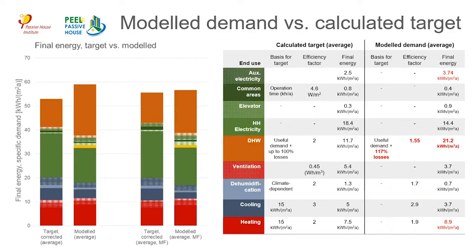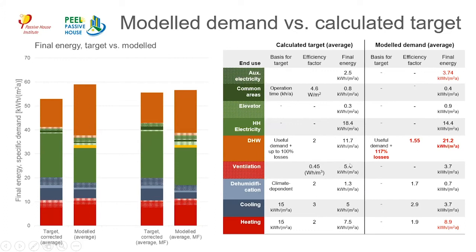Another thing that we learned through this project is what the average portion of energy is that is used in the different categories in residential buildings. What you see in the graph is the target we are using for the project, and then the average of the models that we used for the evaluation.